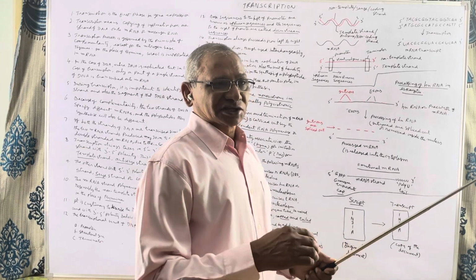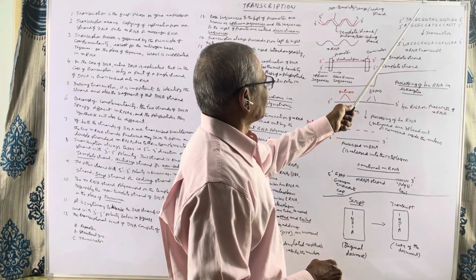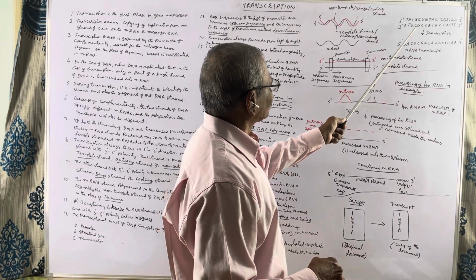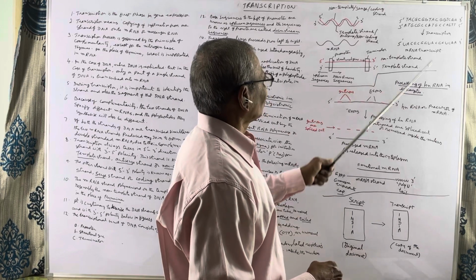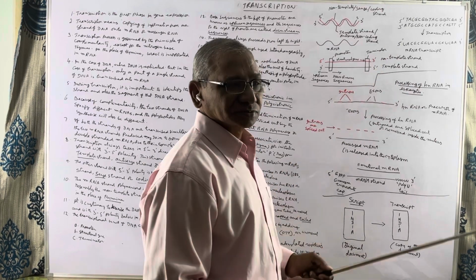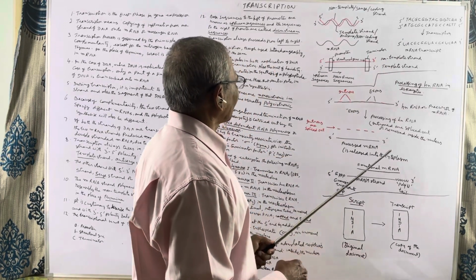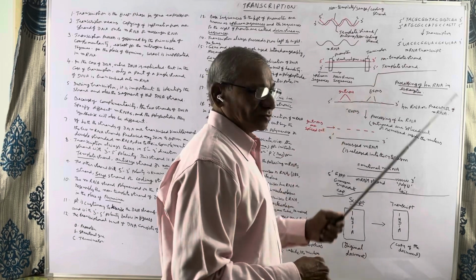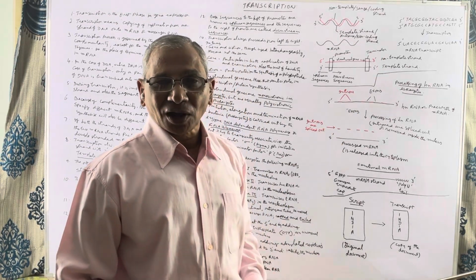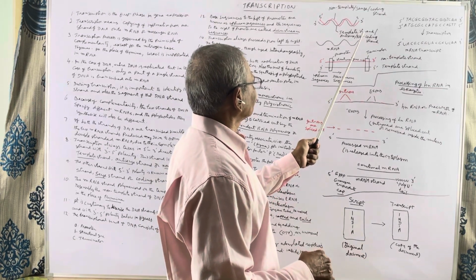So in the case of transcription, if you want to make a copy of this sequence, we have to transcribe from this strand. Then only we get this copy. That's why we have to remember some terms here. The strand from which mRNA is synthesized is known as template strand.